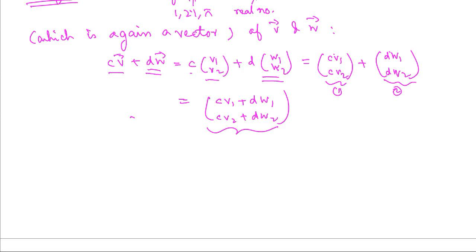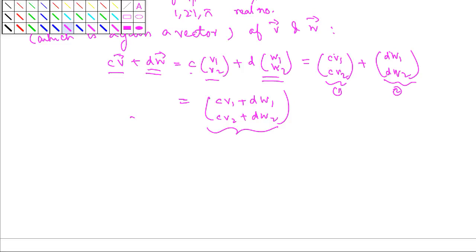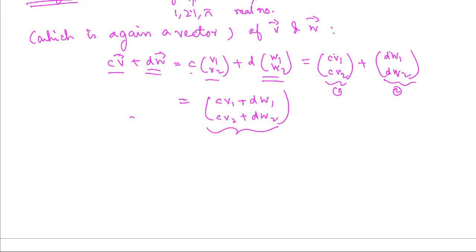Let's see which one we should explain first. Maybe we should see some examples of linear combinations and then realize how it comes.